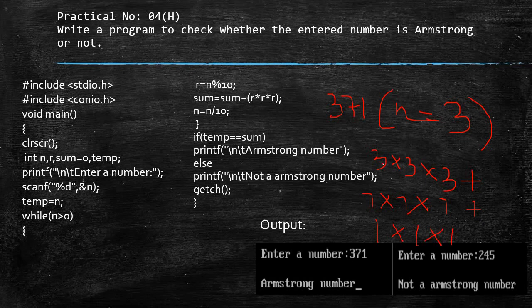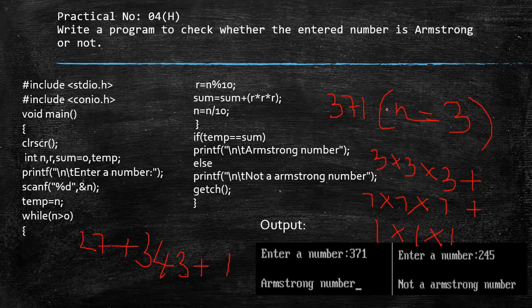So I get 3 multiplied by 3 multiplied by 3, which gives 27, plus 7 multiplied by 7 multiplied by 7, which gives 343, plus 1 multiplied by 1 multiplied by 1, that is 1. If you add these numbers, you will get the same number, that is 371. So that's why it's an Armstrong number.